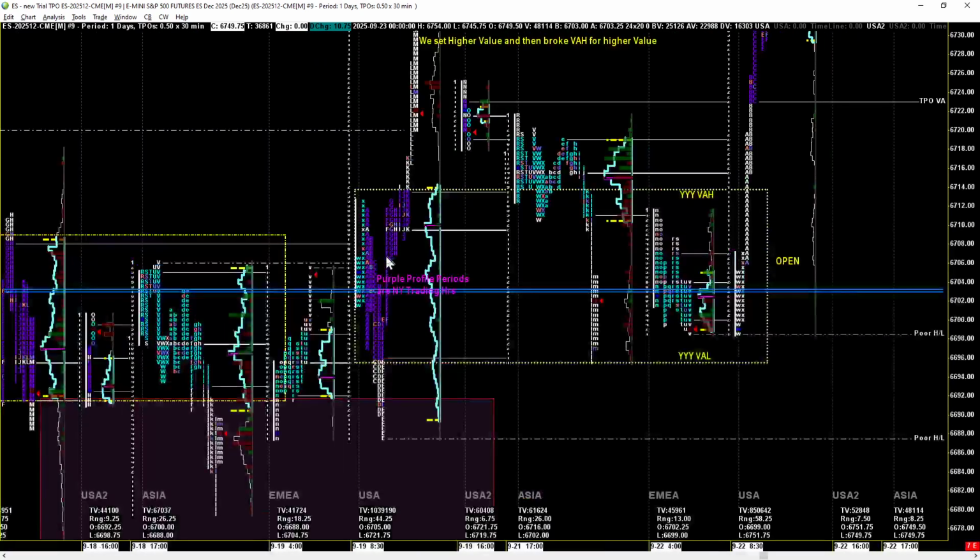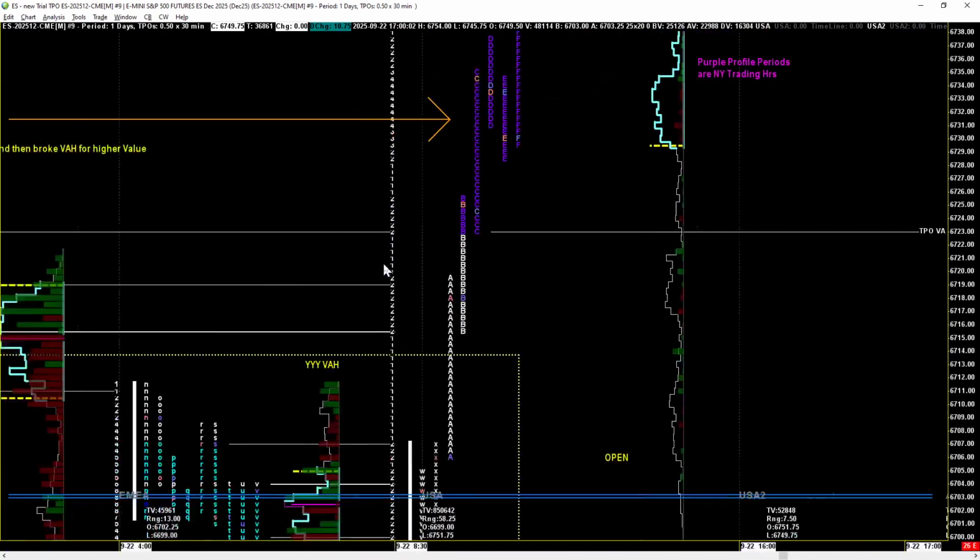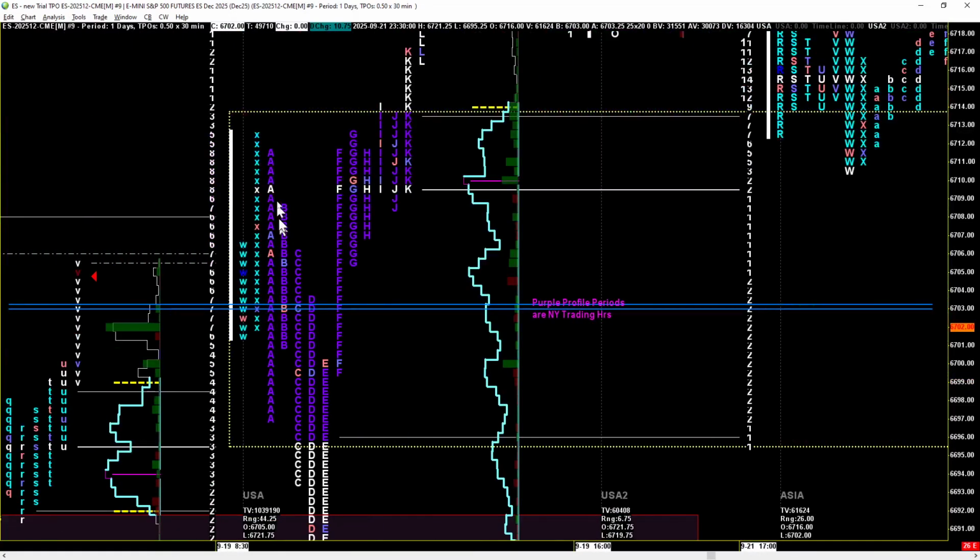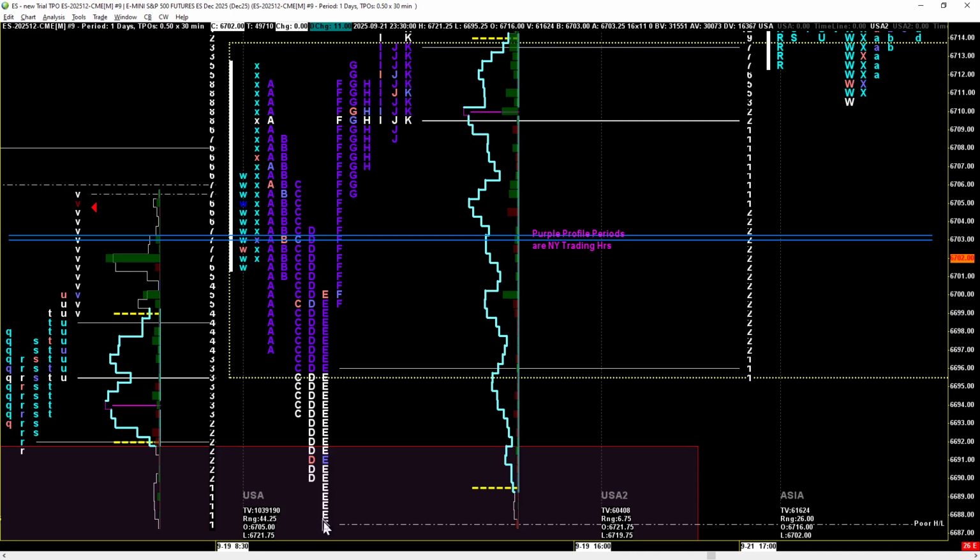For those of you who don't know what a TPO is, it's a 30-minute time frame for each. We start off with A. A opened up here, we went up, we went all the way down, we came back, A transferred over, we did B, B transferred over to C, C to D, back to E. Now, when you see this check back and then we break that 30-minute, we have lost continuation.